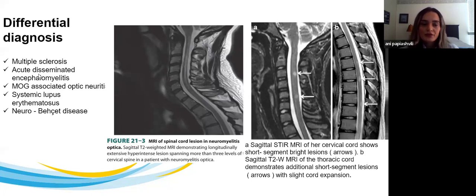But we should also take into account, for example, acute disseminated encephalomyelitis. Differential diagnosis should also be made with SLE or Behçet disease, and also myelin oligodendrocyte glycoprotein associated optic neuritis, because all of them are characterized by the same features, but of course they have different causes.